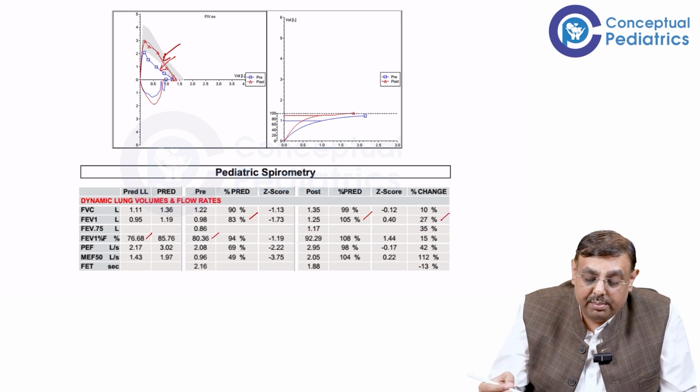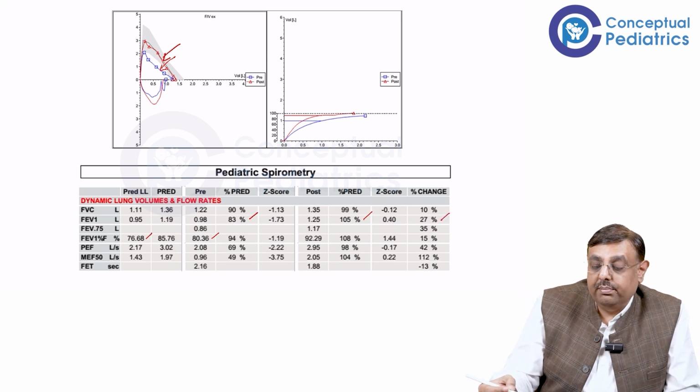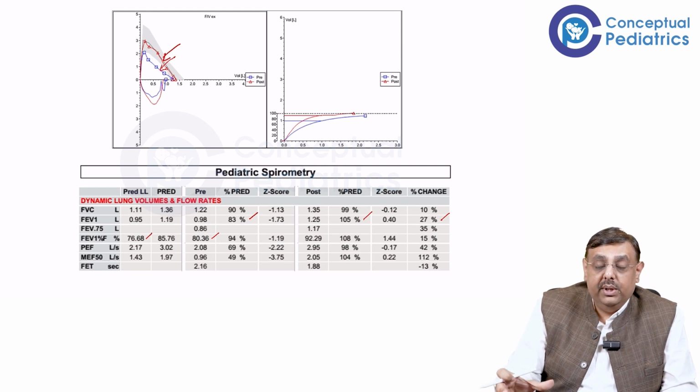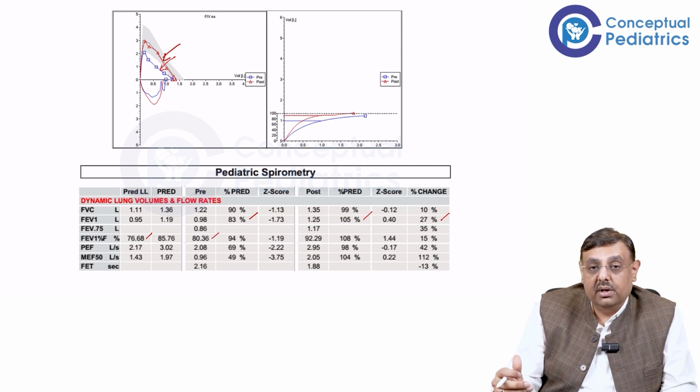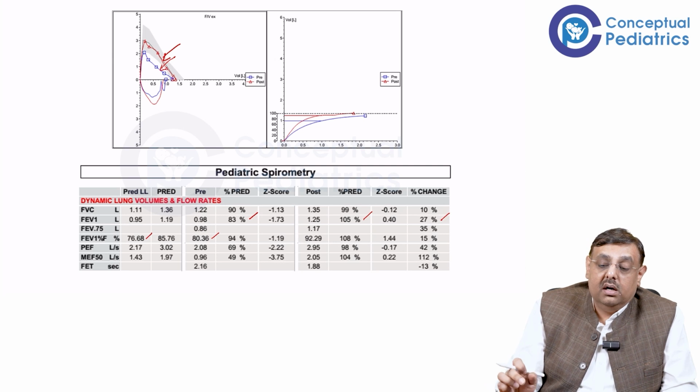So pediatric spirometries are a bit different from adult spirometries, and you need to have some experience. You will gain a lot of experience once you do these spirometries, or you get attached to a lab who can do good spirometries for you.